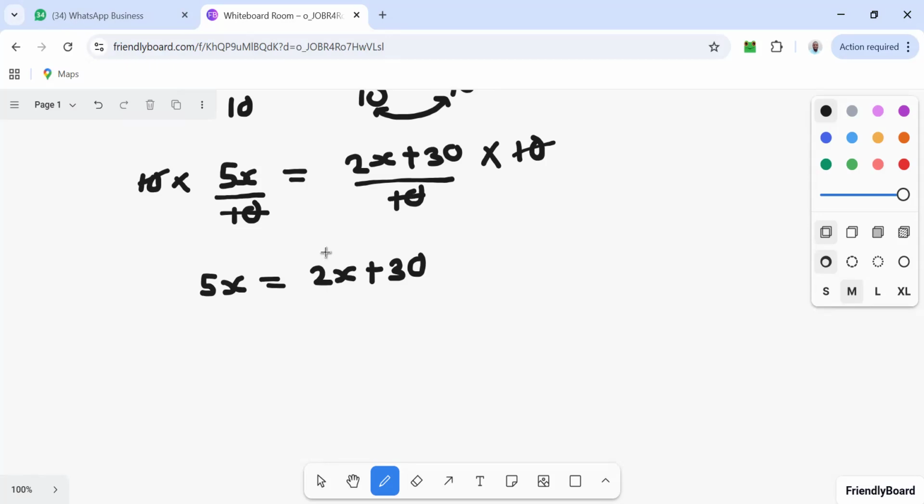I'll simply take this 2x to the other side, where it's going to be subtracted. So it's going to be 5x minus 2x is equal to 30. All right, and 5x minus 2x is 3x is equal to 30.